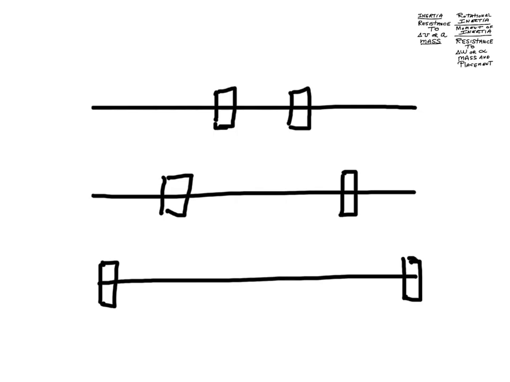So the 3 objects have the same inertia, but they have different moments of inertia. And the way we calculate how much inertia this has is we use the equation that the moment of inertia of a point mass, a mass that's small, and we can consider these relatively small, is mr squared.